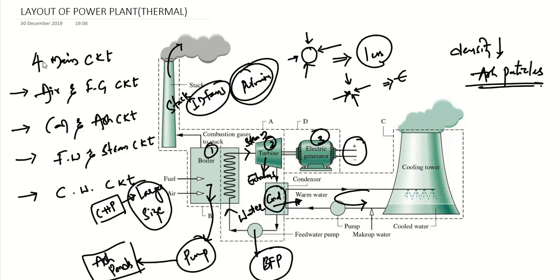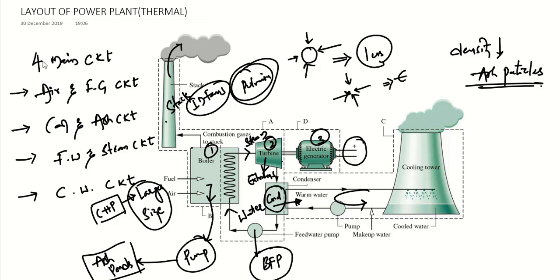In between here, there are many auxiliary equipments, either in the boiler, or between the turbine and the boiler, or between the boiler and the stack. We will see these equipments one by one in later sessions.